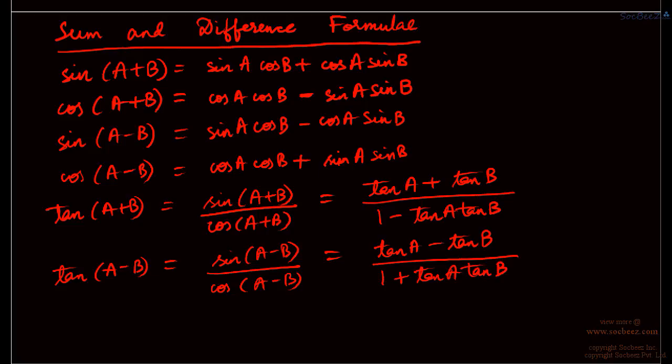So please note the little changes in the formula here. If it is a plus b, there will be a plus in the numerator and a minus in the denominator. If it is a minus, there will be a minus in the numerator and a plus in the denominator. So these are the basic sum and difference formulae.